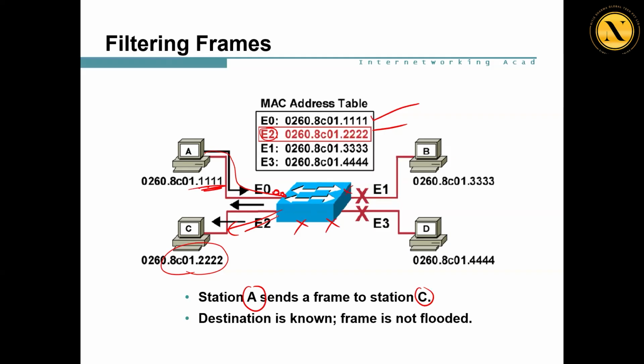So it has taken a forwarding decision on port E2 and filtering decisions on all these ports. That means it's going to drop on all these ports, not forward it, right? So we know forwarding and filtering decisions, right? How it takes. This is known, therefore the frame is not flooded. It will only forward from E2 port.